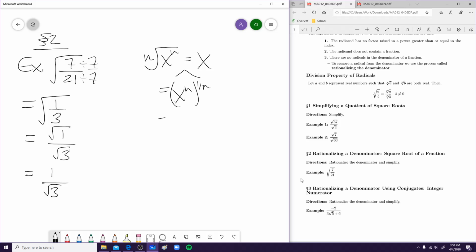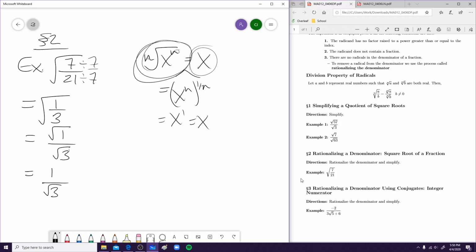When you multiply that, you get x to the 1, which is x. Right? So this property is really helpful. So what does that tell us? If we have something with the same base, we want to make the index and the exponent the same, and then we'll get x, right?